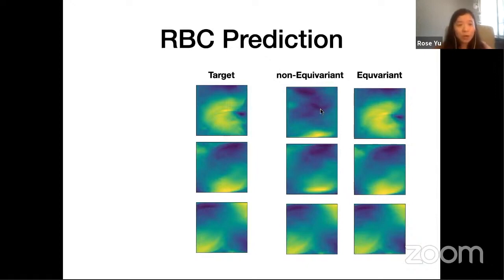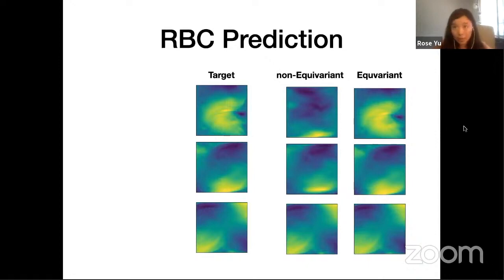So the models will fail, for the same reason as I showed before in the first slide of this talk. However, equivariant models can automatically identify the group transformation that has been applied to the input, and will automatically apply this transformation to the output, and hence they will be able to generalize.